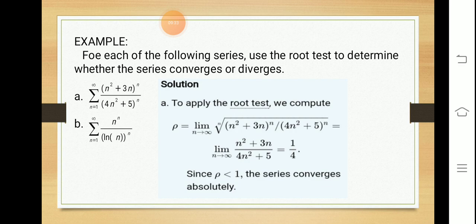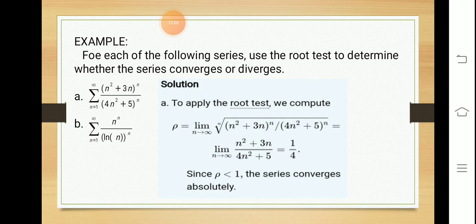So, the solution: to apply the root test, we compute p equals the limit as n approaches infinity of the nth root of n squared plus 3n over 4n squared plus 5, to the power of n, which equals the limit of n squared plus 3n over 4n squared plus 5, which equals 1/4. Since p is less than 1, the series converges absolutely.